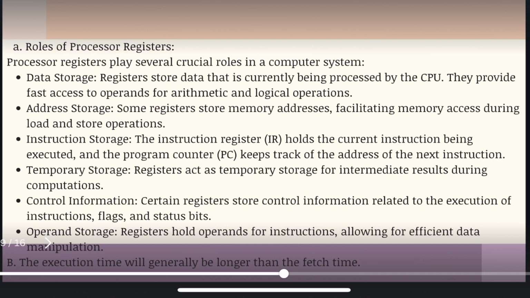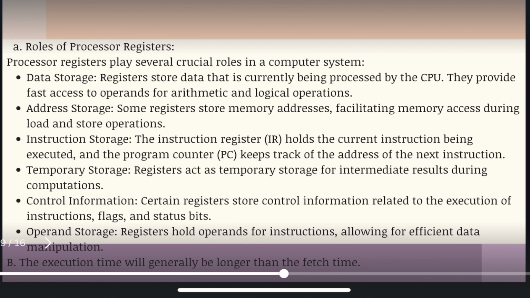Then instruction storage. The instruction register or IR holds the current instruction being executed, and the program counter or PC keeps track of the address of the next instruction. Then the temporary storage.